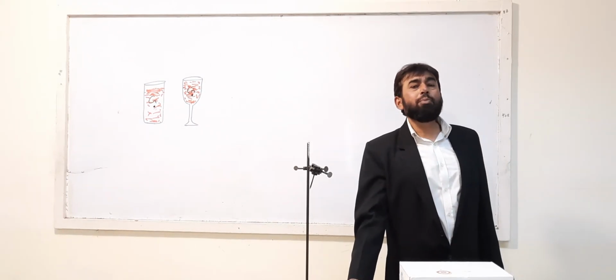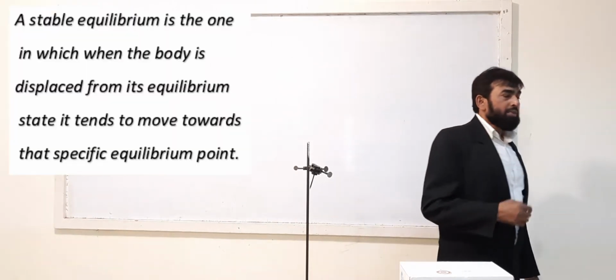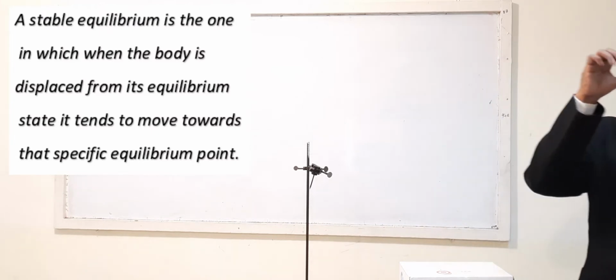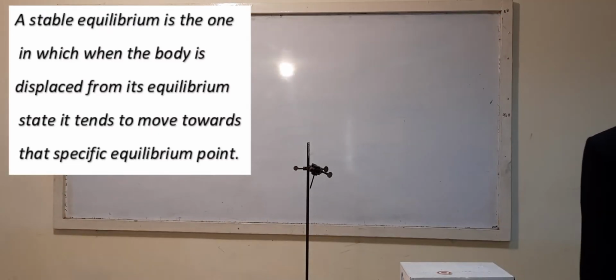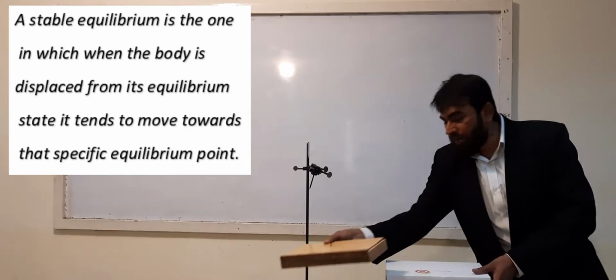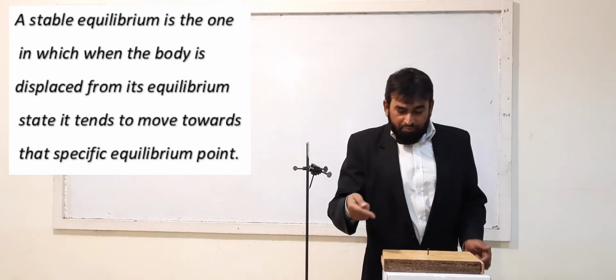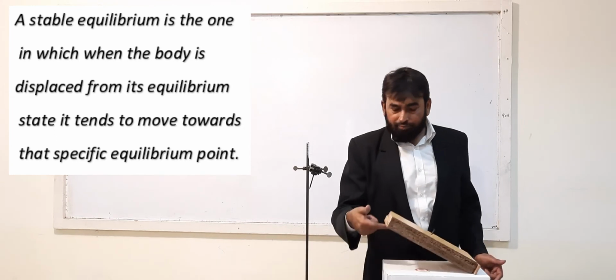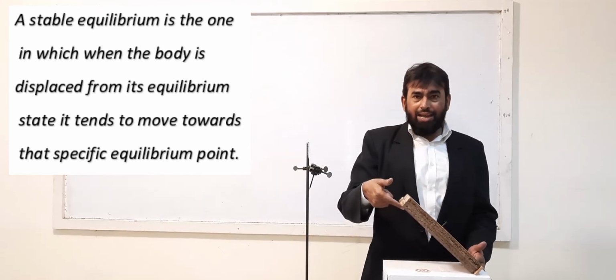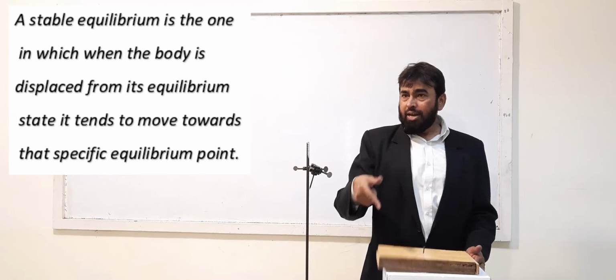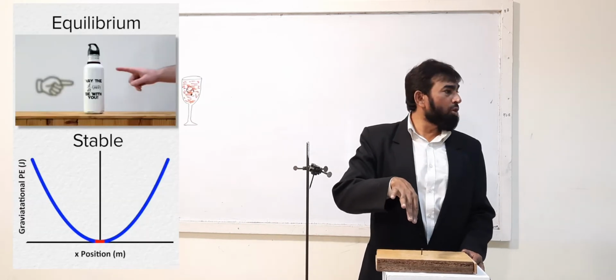Now, the second one is the stable equilibrium. Like if I place this wooden piece like this and apply the force like this, the moment I leave it, it comes back to its previous orientation.